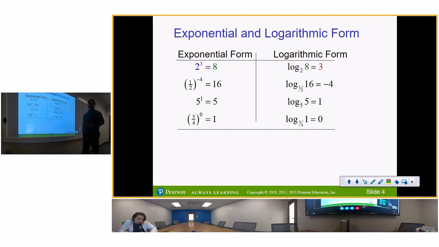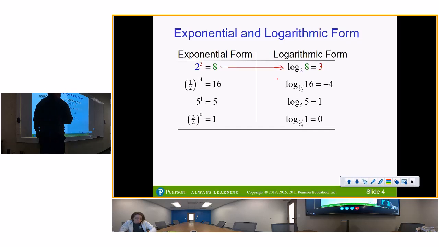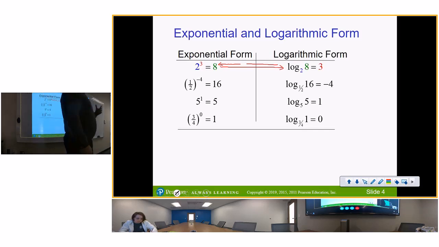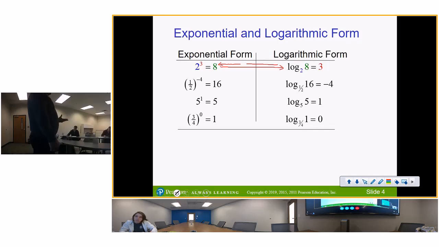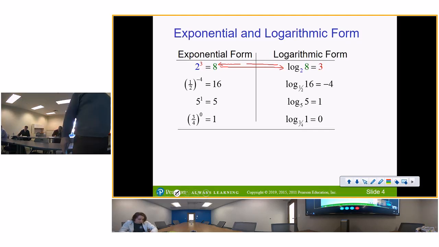So you need to make that relation, however you need to make it. The definition of a logarithm means that I can take an exponent and change it into a logarithm, or I can take a logarithm and change it into a what? An exponent. Now, why do you need to do that? Well, when we get to solving logarithmic equations, sometimes it's going to be easier to change a logarithm into a what? An exponent to solve the equation.